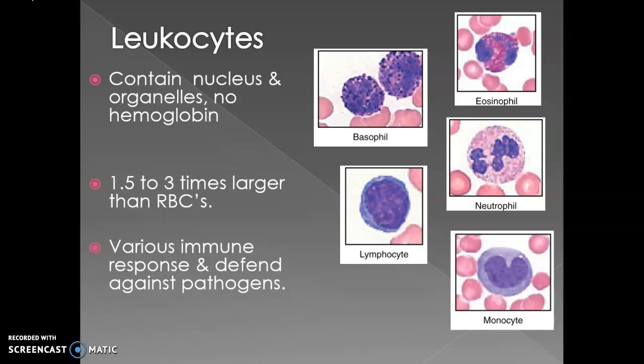The granules are nothing but the organelles. Now these cells are packed with organelles, and when stained, these organelles pick up the stain and they look like granules. And together, eosinophil, neutrophil, and basophil, they are called granulocytes. Monocyte and lymphocyte, if you notice, they do not have prominent granules, and that's why they are called agranulocytes.